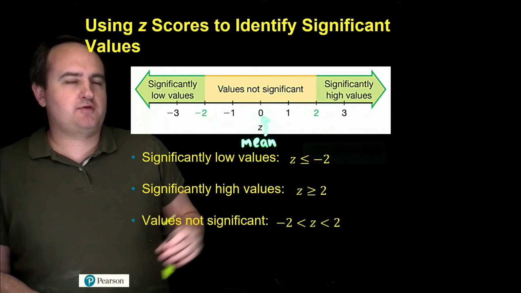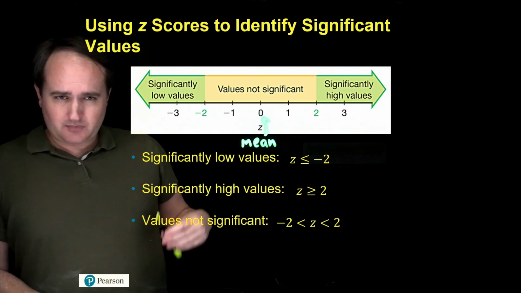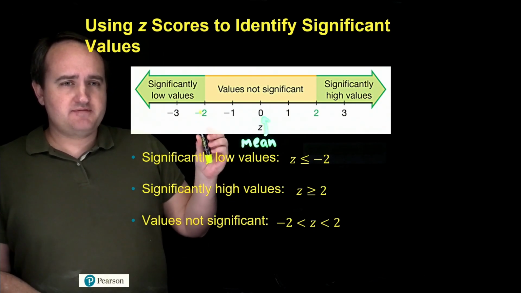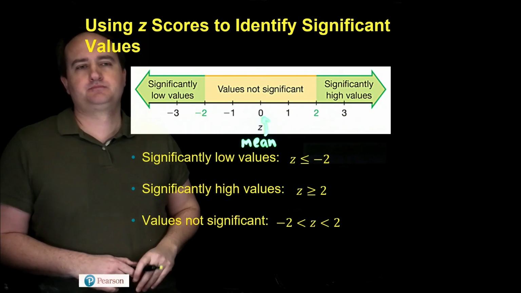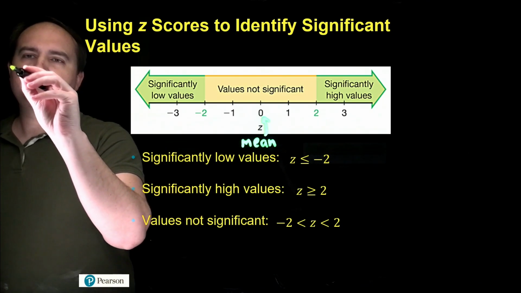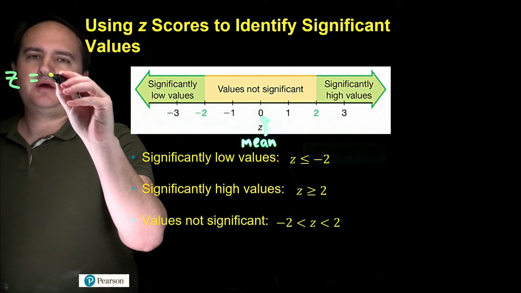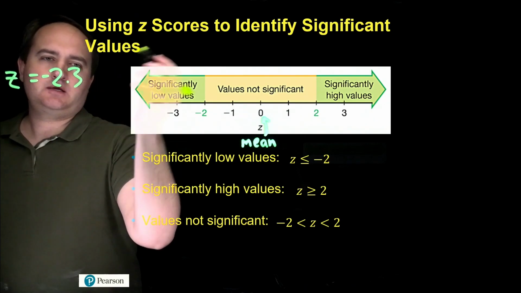So for example, if you have a z-score of negative 2.3, let's say we have a z-score of negative 2.30.